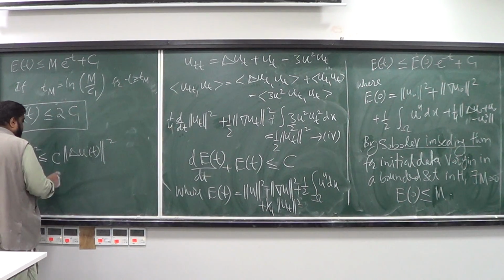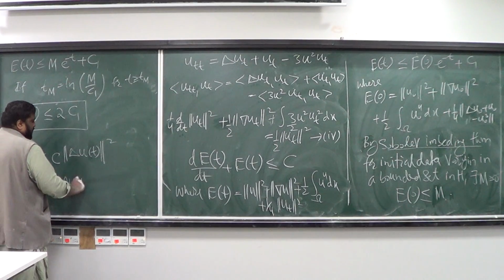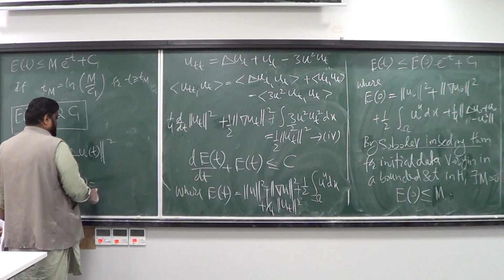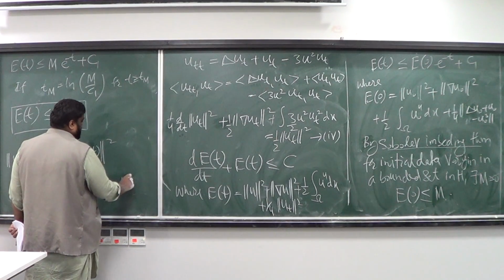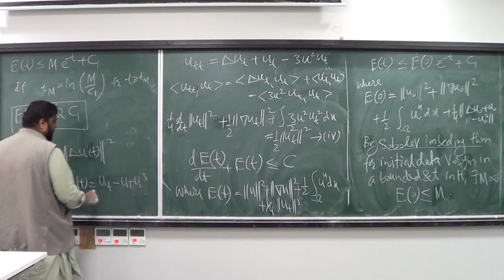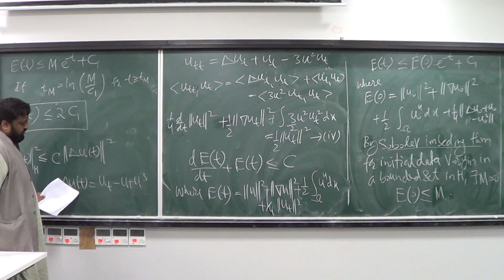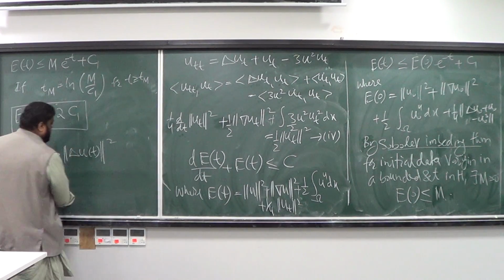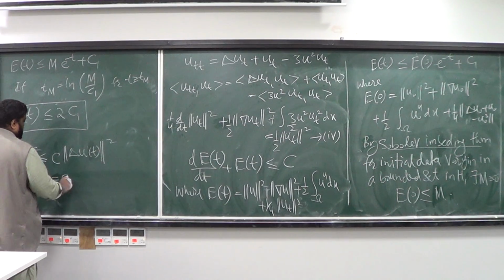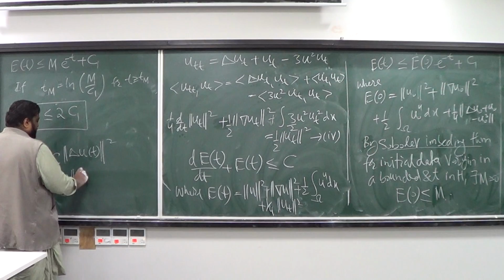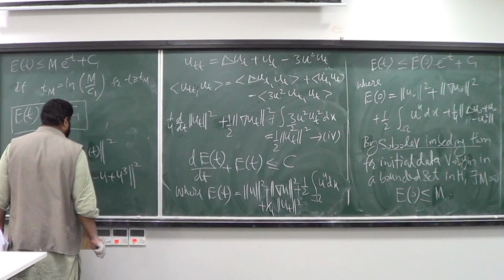And Laplace u of t is really u_t minus u plus u cube. I can write it in this manner: this is equal to the constant times the norm of u_t minus u plus u cube, squared.